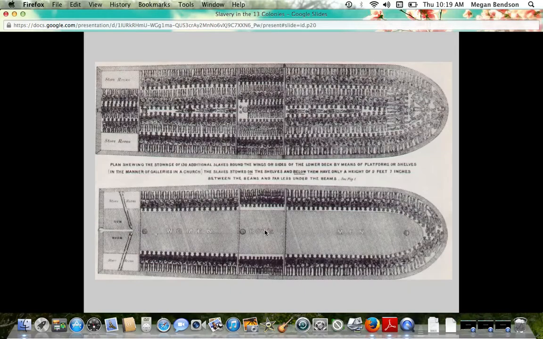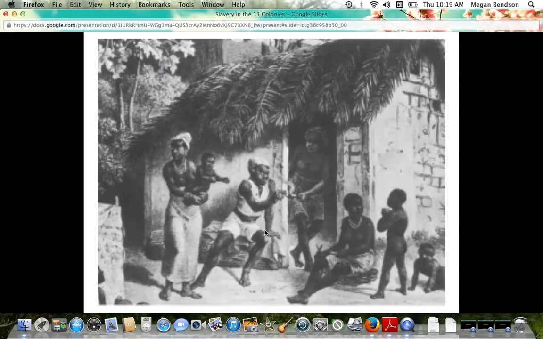And then finally, we'll look at some of the resistance. We'll go into much more detail in a couple of units, but there obviously was a lot of resistance to the treatment and enslavement of Africans by the people themselves. And so there was obviously escape. That was an option. This usually led to brutal treatment if they were caught.